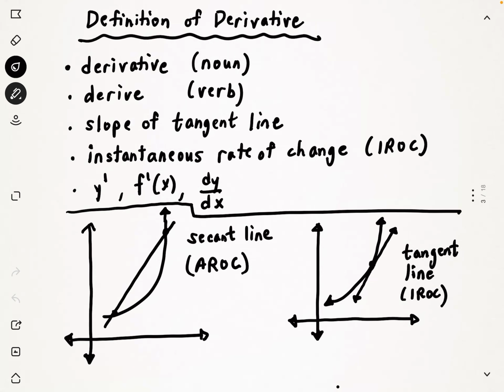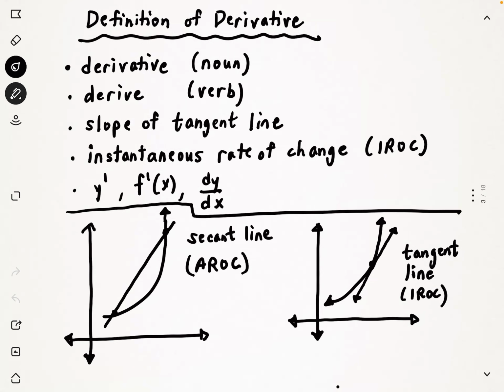Just to take a look at the things I have above here, you're going to see all these different terms used interchangeably. So you're looking for the exact same thing whenever you're asked for any of these. You may be asked to find a derivative, or to derive, which is the action of getting a derivative.